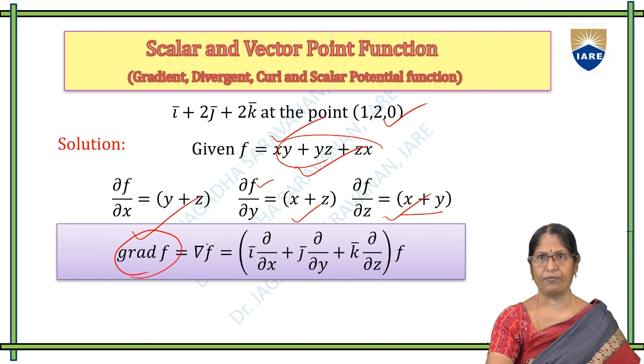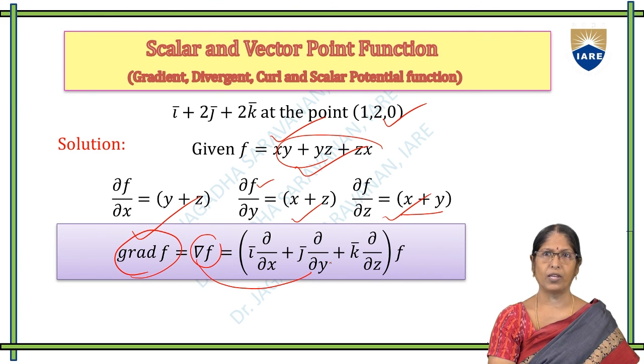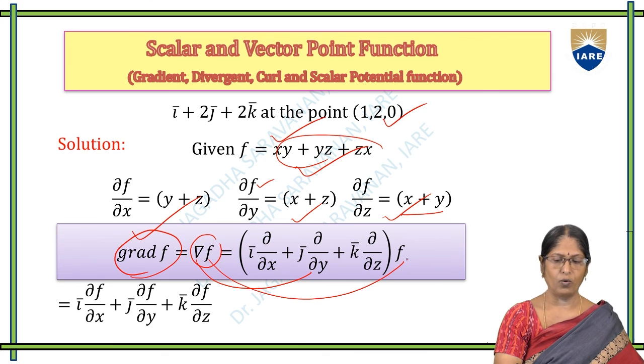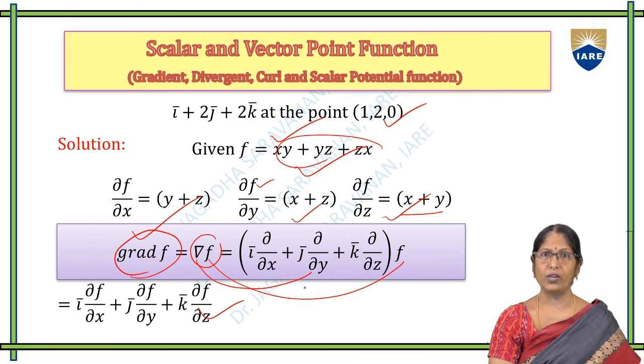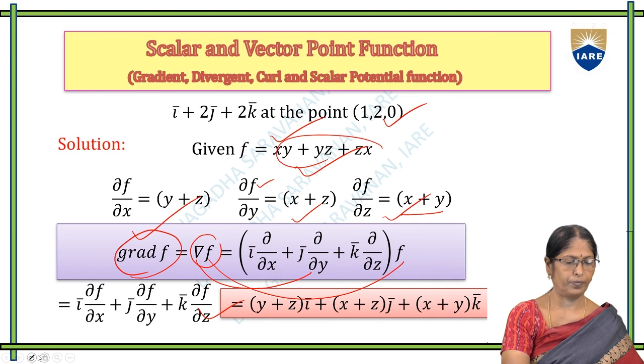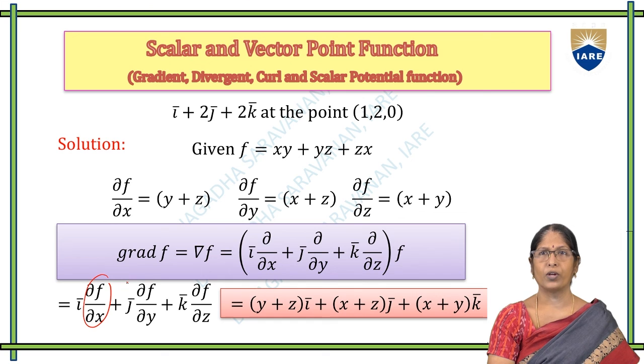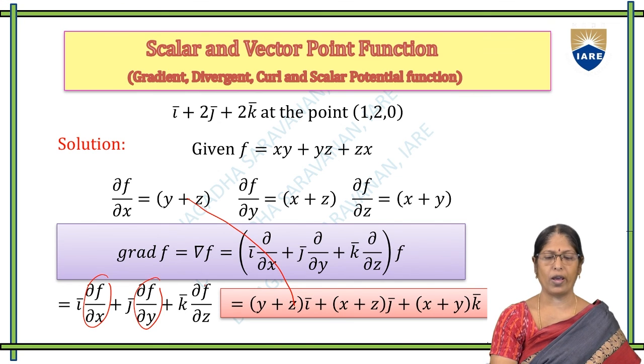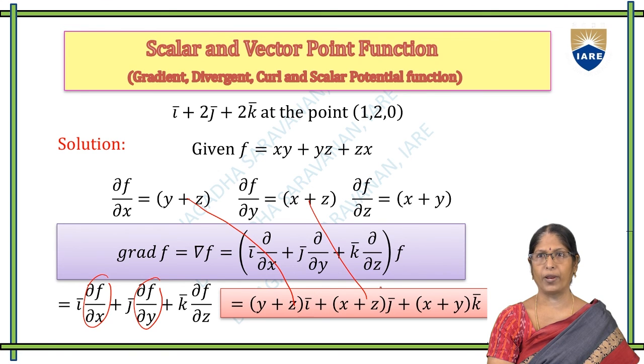Now the gradient of f, the notation grad f, is equal to i ∂/∂x plus j ∂/∂y plus k ∂/∂z applied to f. Taking f inside, we get i ∂f/∂x plus j ∂f/∂y plus k ∂f/∂z. We already found ∂f/∂x, so we replace it into i. ∂f/∂y, which is x plus z, goes with j.